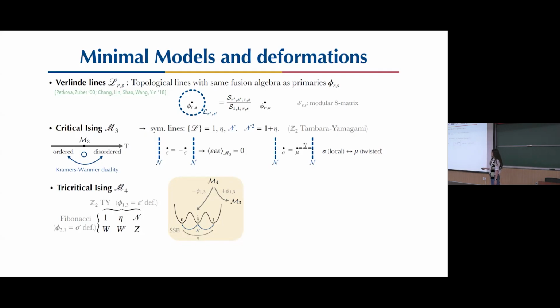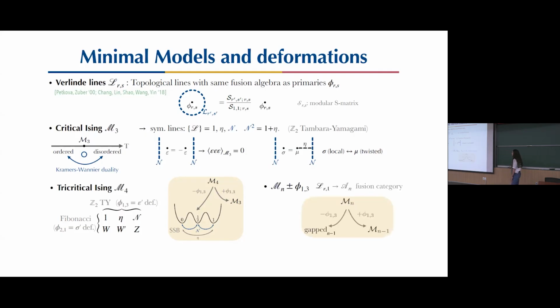And if you deform with this 1,2 deformation, you preserve these two lines that form the Fibonacci category. And the fact of having these three degenerate vacua is actually telling you that you have a spontaneous symmetry breaking of the three symmetries that are present along the flow. And as I said, this non-invertible line maps adjacent vacua, whereas this eta maps the left to right.